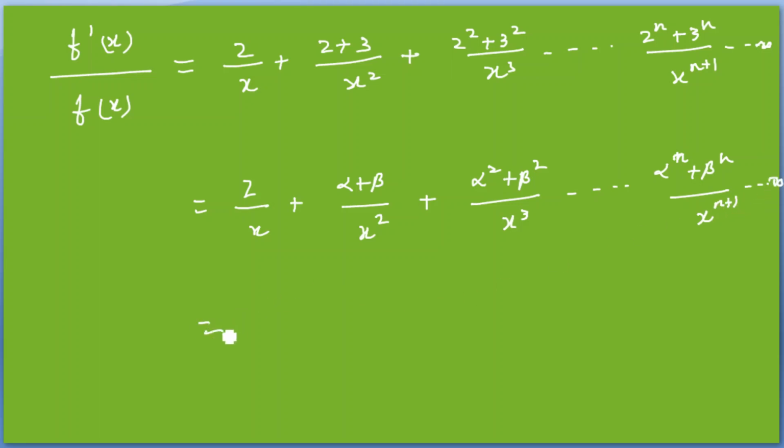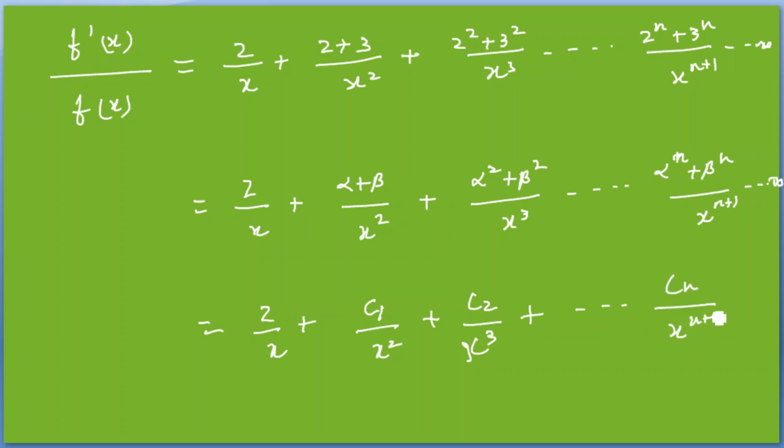And now we can also write it as c1 upon x plus c2 upon x² plus c3 upon x³ plus up to cn upon x^(n+1), and this is up to infinity.